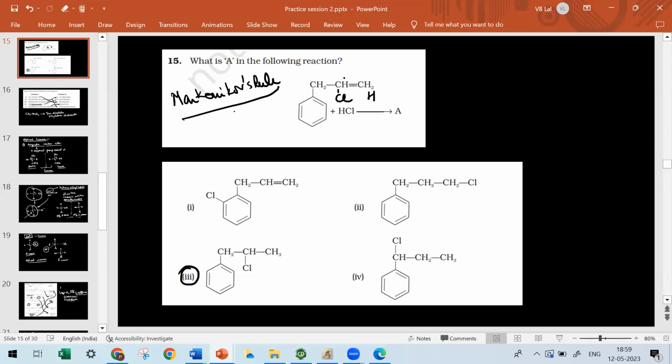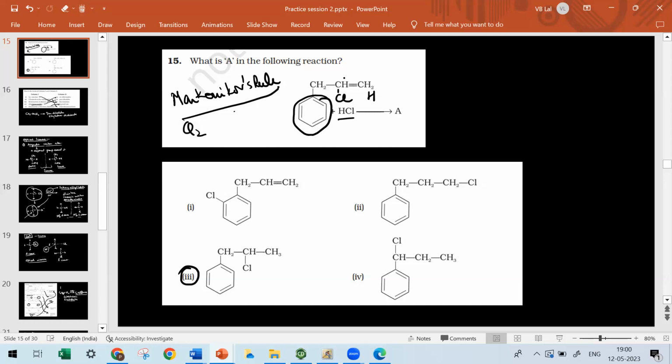The first thing you identified was that addition will take place, because with HCl nothing will happen to the benzene ring, since the reagent is only HCl. For something to come on the benzene ring, supposing I wanted Cl to come on the benzene ring, what reagent should I have used?